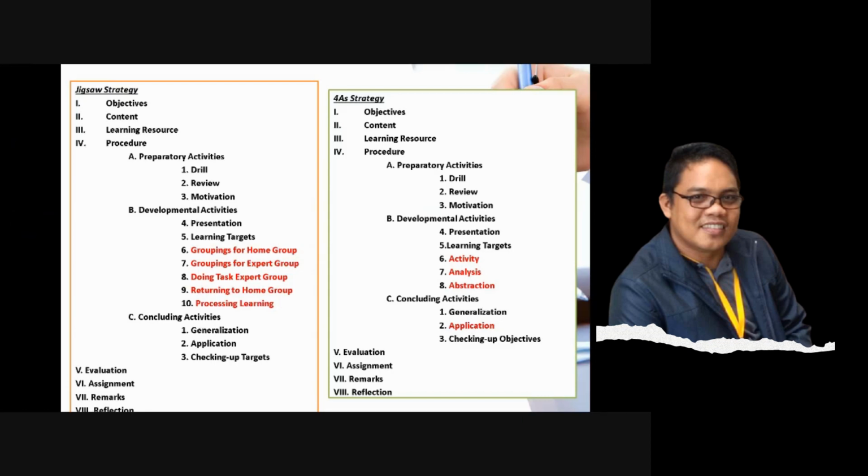However, nagkaiba-iba lang po dito sa under the procedure, more specifically in letter B. Okay, B to C. Just like this one. This is a jigsaw strategy and a 4A's strategy. Now, from Roman numeral 1, objectives, content, learning resource, procedure, the same lang po lahat.